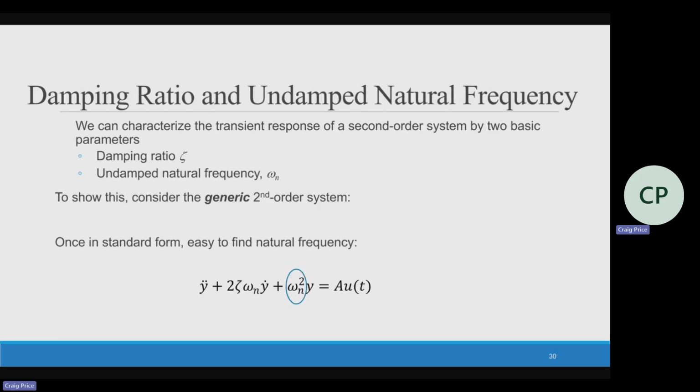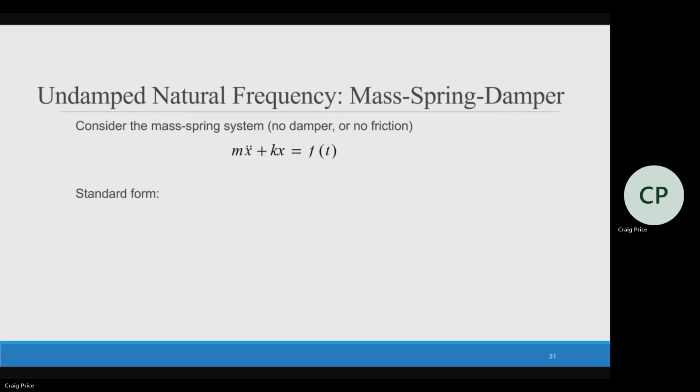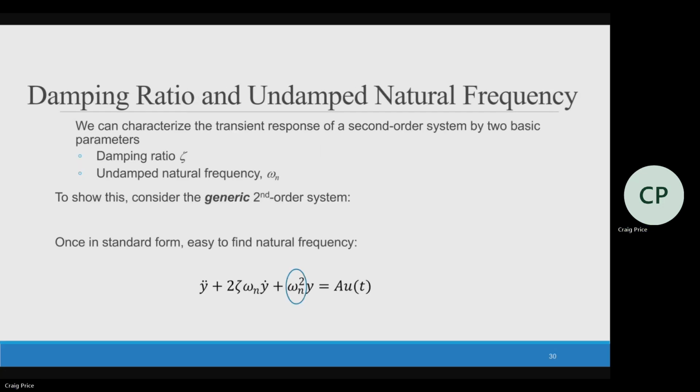Basically, the transient response of the second order system is characterized by these two variables. So once I have it in my standard form, I can find this frequency, then I can find the damping ratio, and those are the only two things I really need to find.